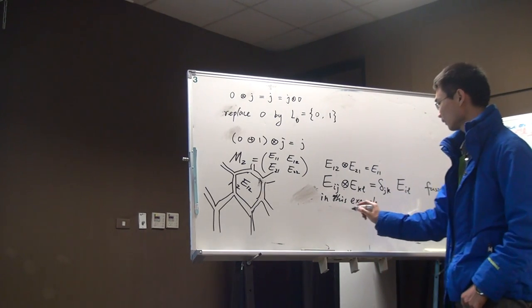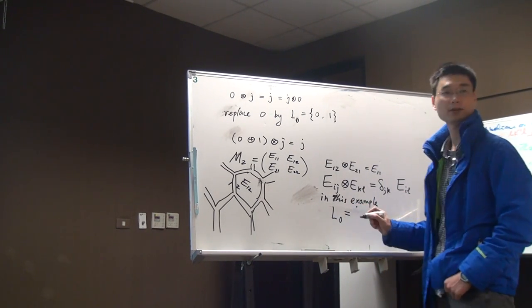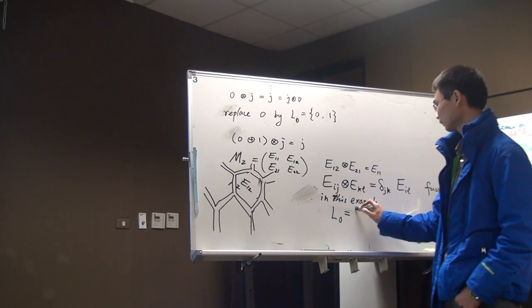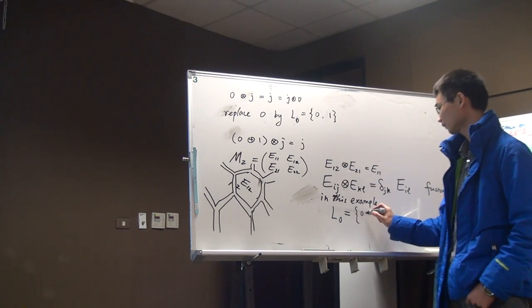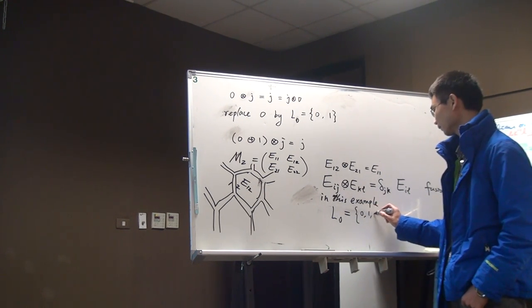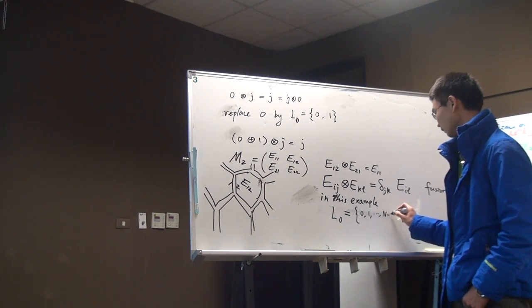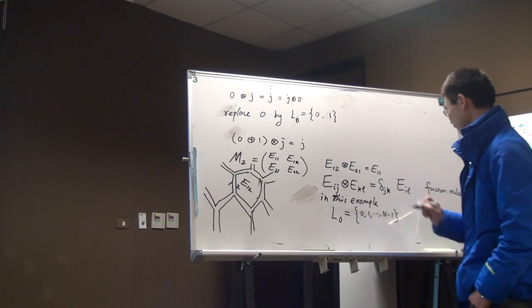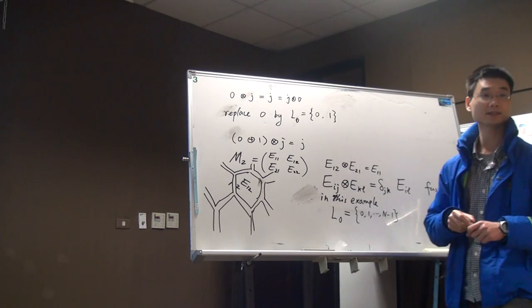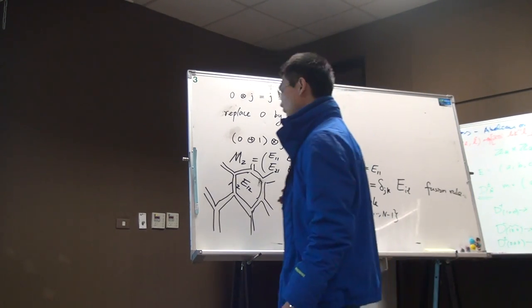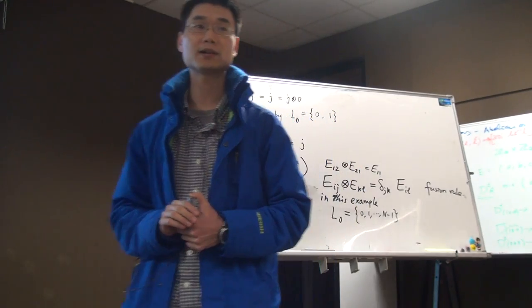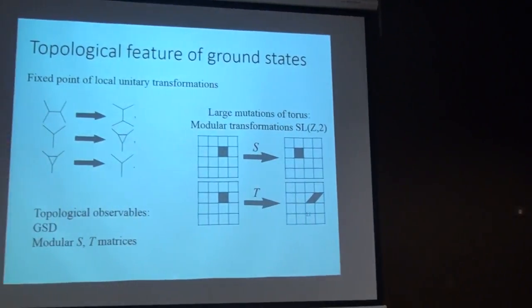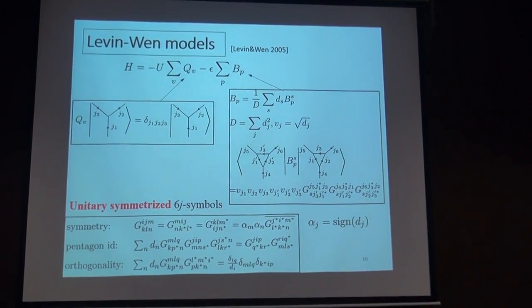I will set L0 to be 0, 1 to n minus 1, and I write on the signature symbol condition, which is defined here.